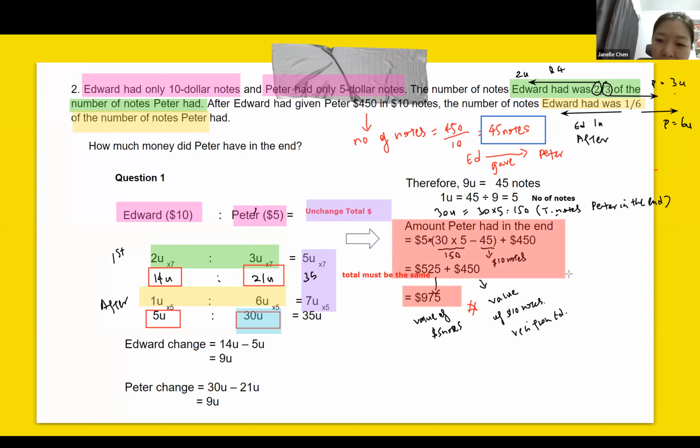They forget that Peter received the $10 notes from Edward, because we're counting the end. If you're counting at first, then I can take 21 times 5, because at first Peter only has 21 units, and those 21 units consist only of $5 notes.